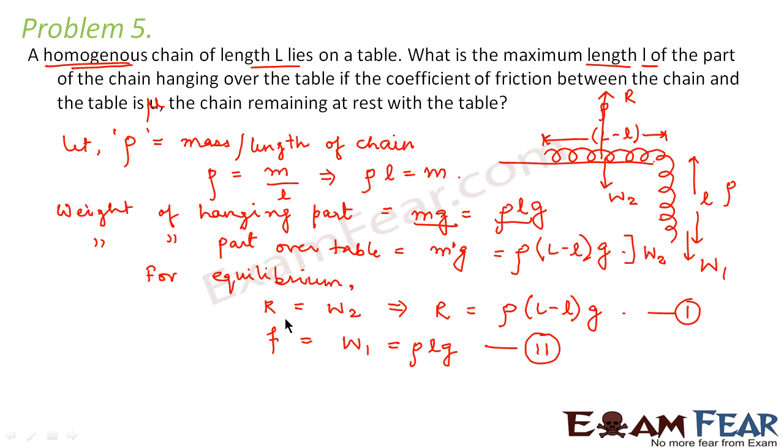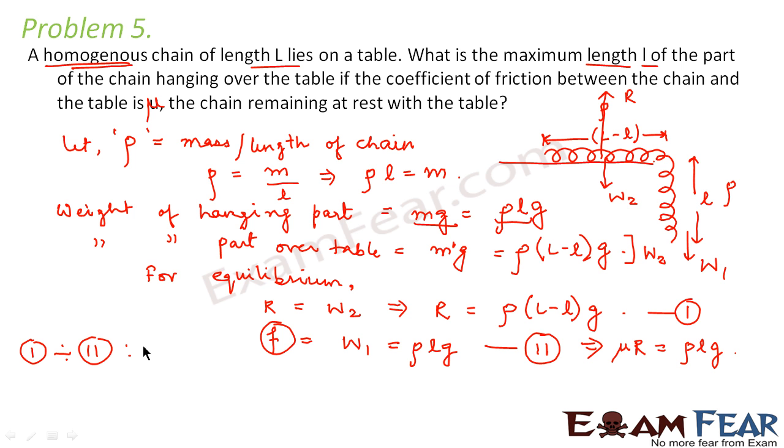Now we'll take into consideration the first equation and the second equation. We will divide the first equation by the second equation. Here we know that F is nothing but mu into R, the normal reaction. So mu R is equal to rho lg.